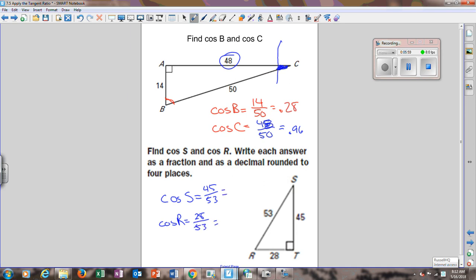Now we can just solve those. Once your answer is a decimal rounded to 4 places, you just do 45 over 53. Gives you 0.8491. And then 28 over 53, which gives you 0.5283.